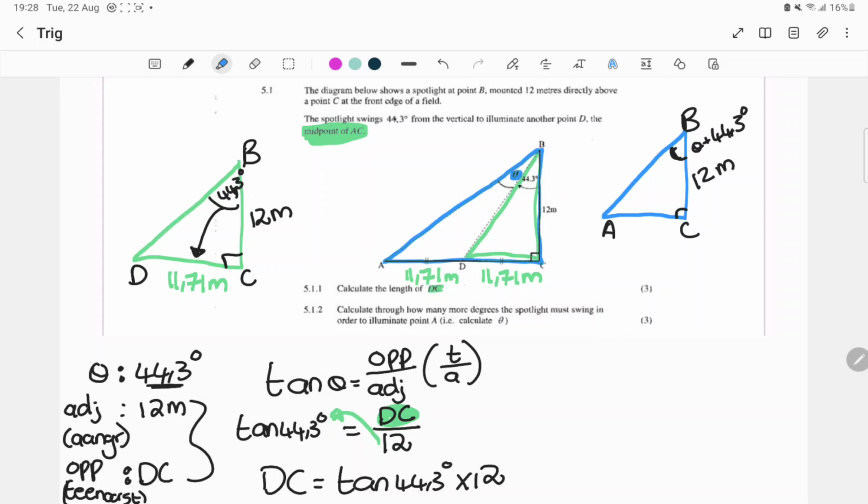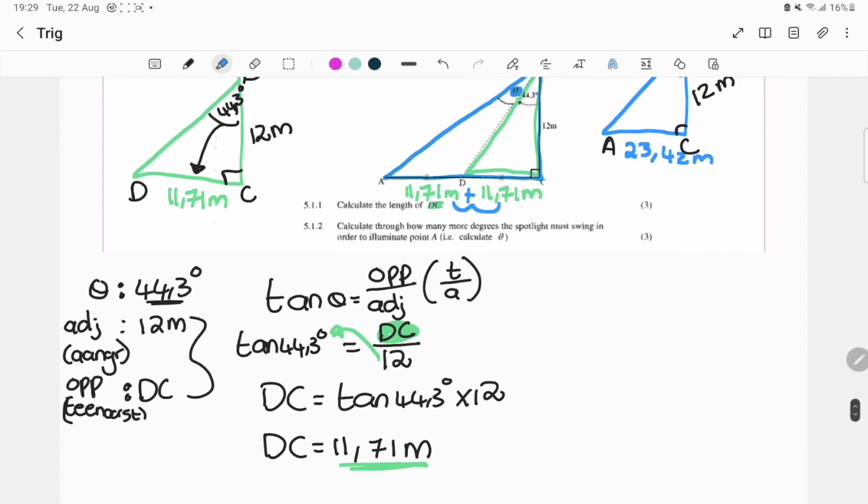It's my entire angle B. Now, looking at my blue triangle, I already have the length of AC. It's going to be 11.71 plus 11.71, or you can multiply it by 2, and that gives me the length of AC as 23,42 meters.